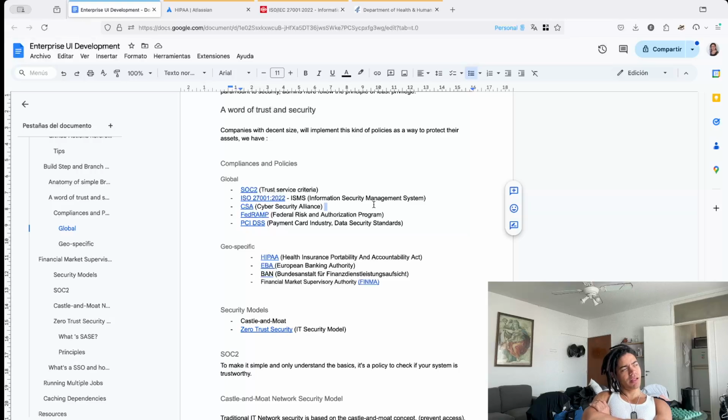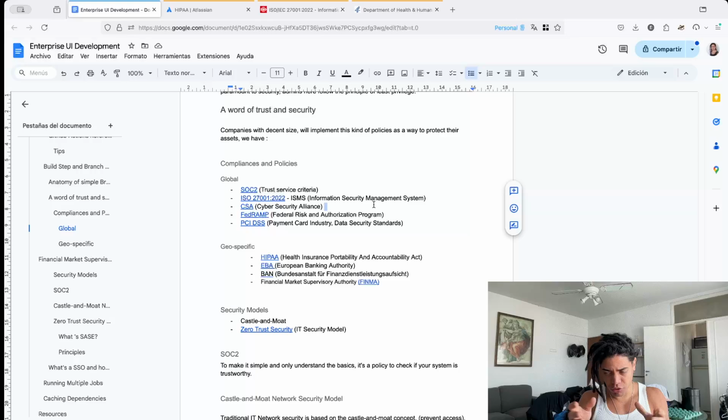So we briefly describe the SOC. Here we are describing the compliance and policies, followed by the security models.